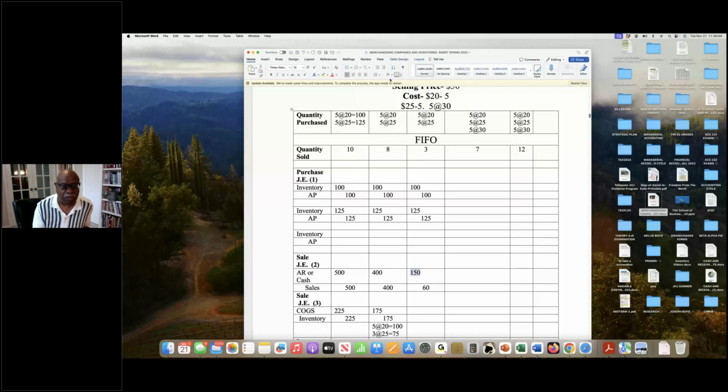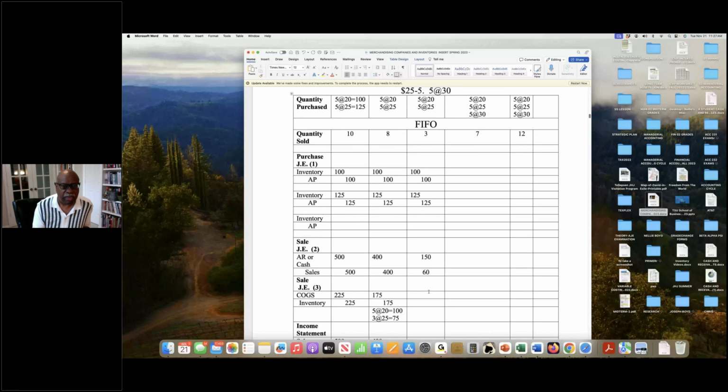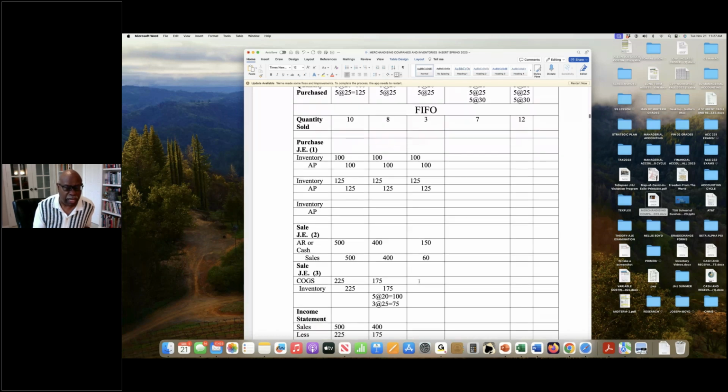And so our gross profit now is going to be selling price, sales 60, and cost, excuse me, wait a minute, cost of goods sold and inventory. In this case, we simply have 3 at 20.